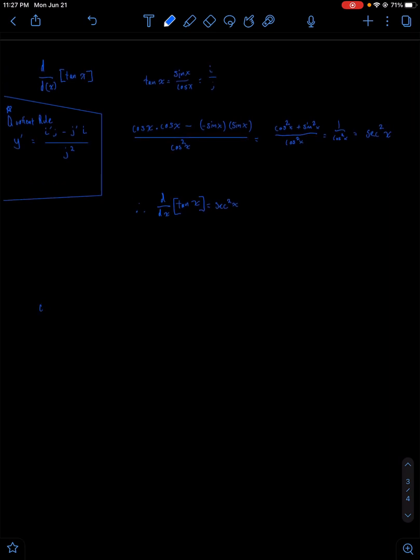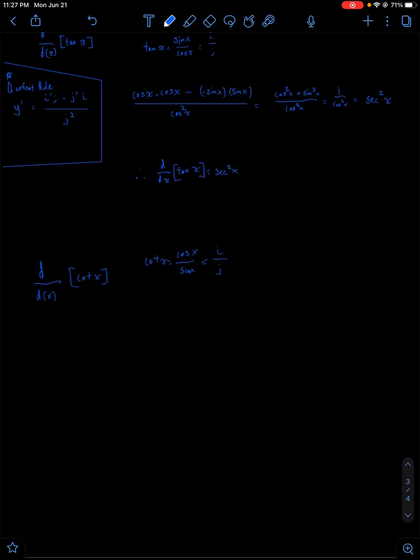So the derivative of cotangent of x follows pretty much a similar process. We know that cotangent of x is equal to cosine of x over sine of x. This time we let cosine of x equal I and sine of x equal j.